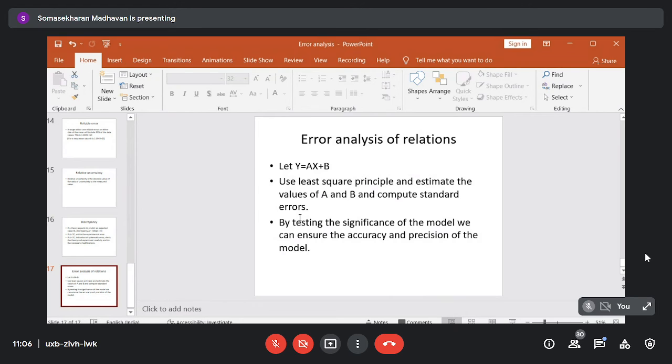If that assumption or condition gets violated, it indicates there is systematic error. And the question is why there is systematic error. The systematic error observed may not be due to the measurement alone. It may be in the theory also.